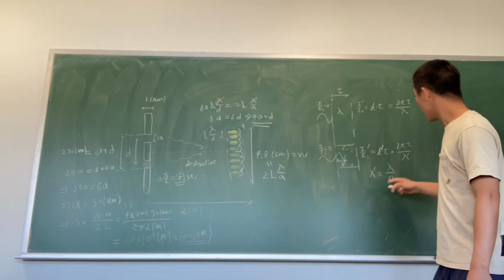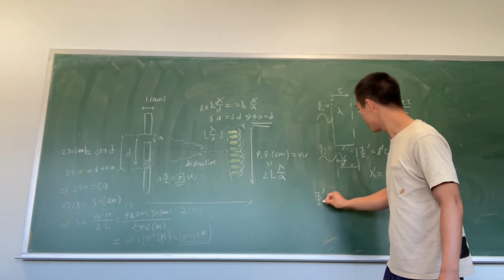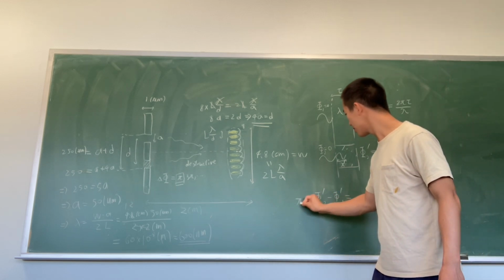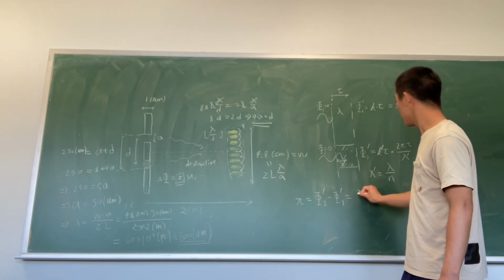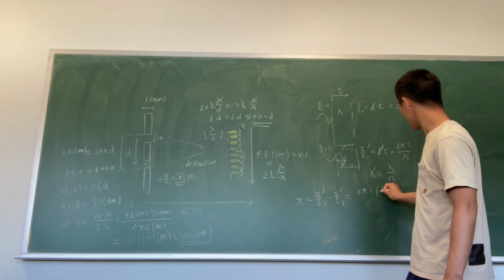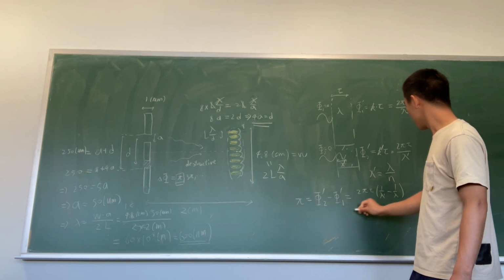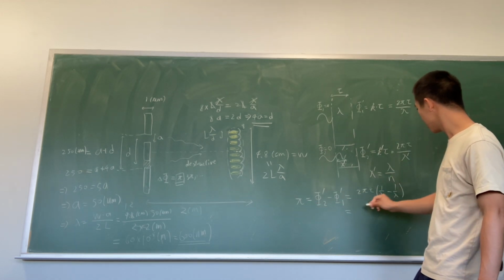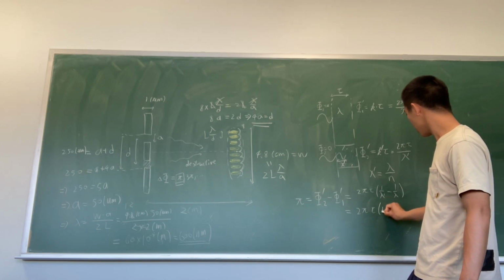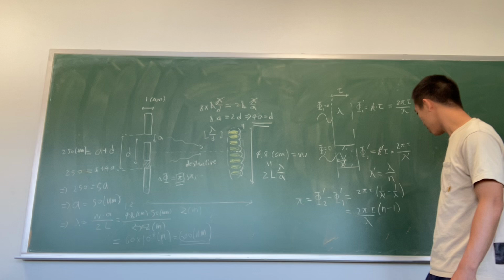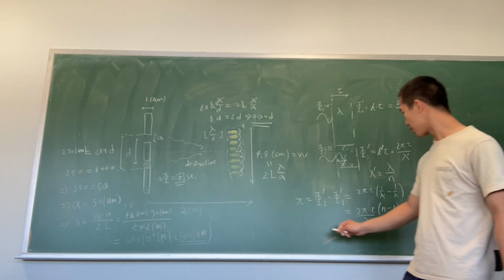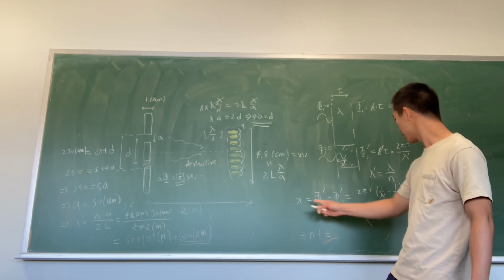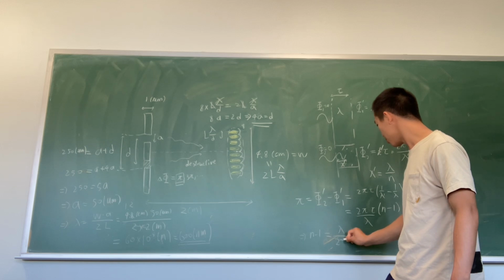So if the two phases end up having a pi phase difference, then 2 pi tau times 1 over lambda prime minus 1 over lambda should be pi. So lambda prime is different by a factor of n with lambda, so you will get an n minus 1 at the end. Here's a lambda at the denominator. So you get n minus 1 should be, the pi cancels, lambda over 2 tau.